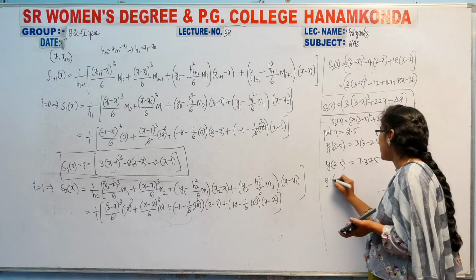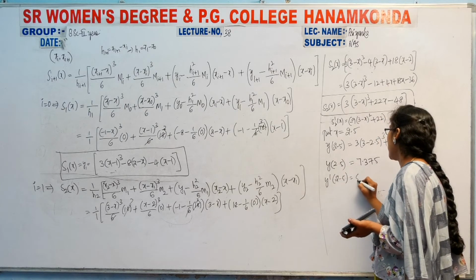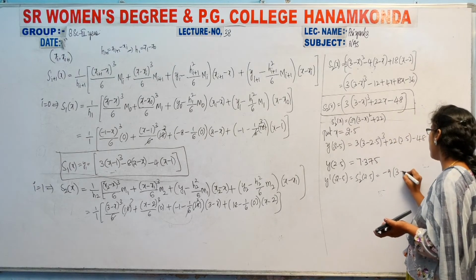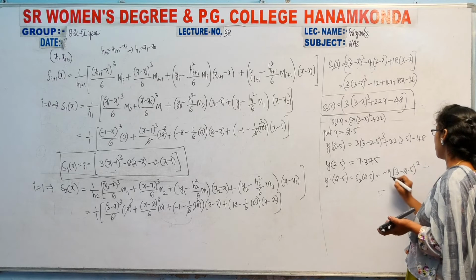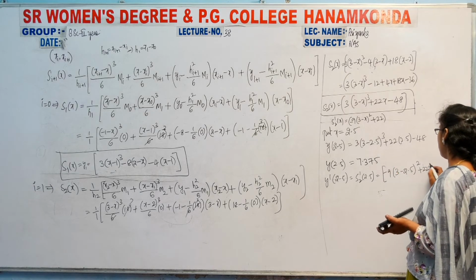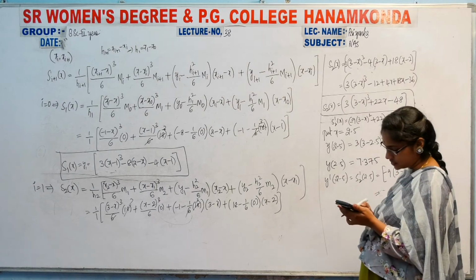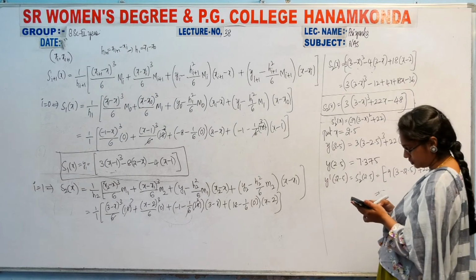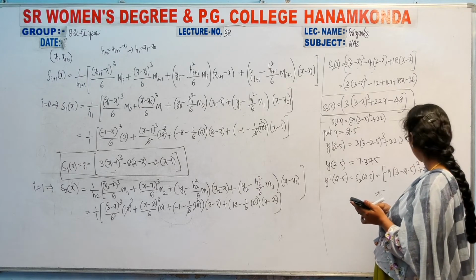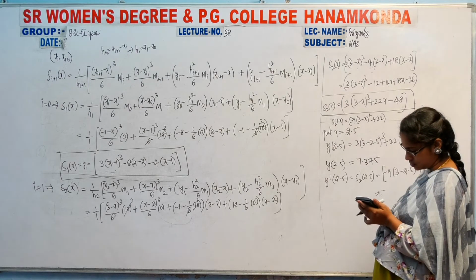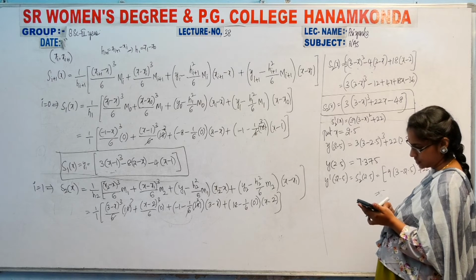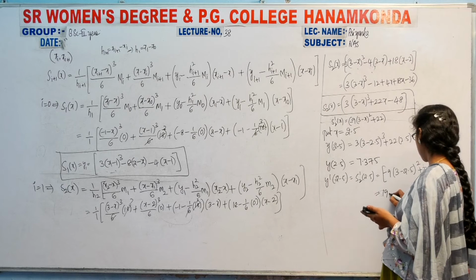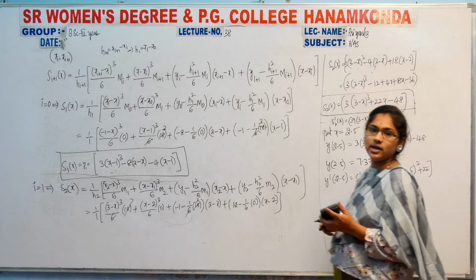Now y dash of 2.5 is equal to S2 dash of 2.5. It is minus 9 of (3 minus 2.5) whole square plus 22. Now same thing, first of all 3 minus 2.5, then whole square, into minus 9, next plus 22. 19.75 is the derivative value.